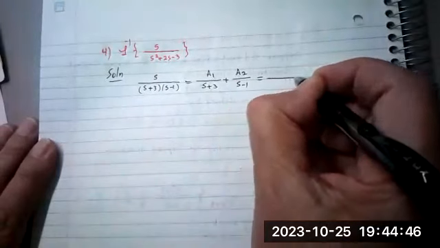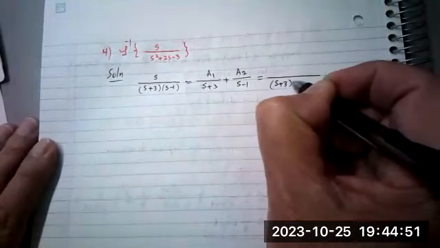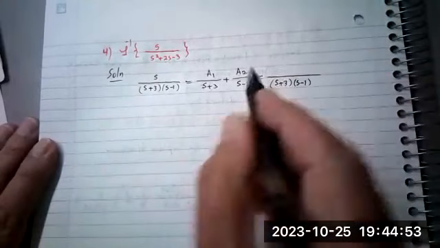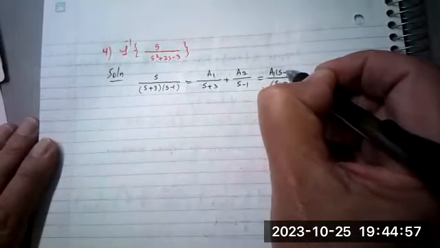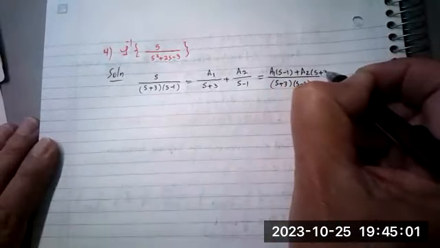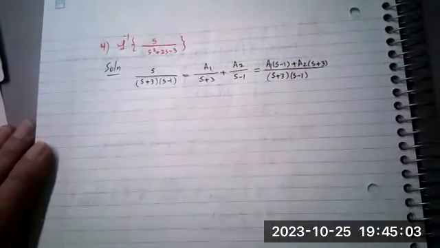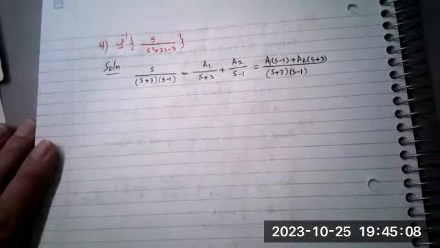So it's going to be equal to, the denominator would be S plus 3, S minus 1. The top, cross multiply, is A1 times S minus 1 plus A2 times S plus 3. Get the top to be equal to each other and work to get the A1 and the A2.